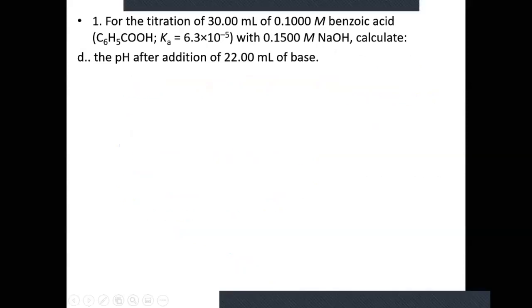Now we want to know what's the pH after we've added 22 milliliters of base. So again, we need to find out the moles of base and the moles of weak acid.